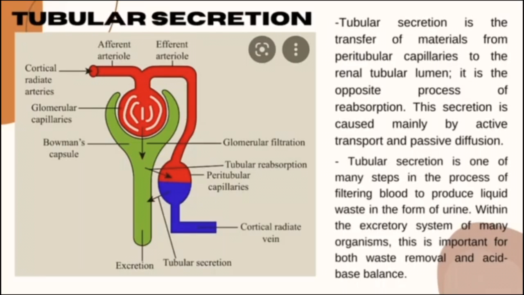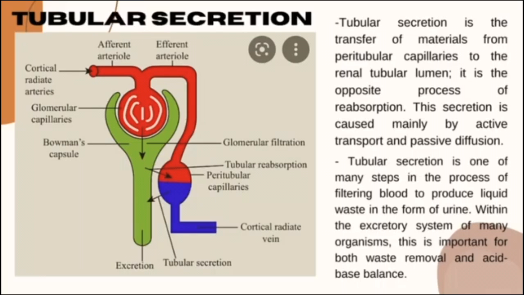It is the opposite process of reabsorption. Secretion is caused mainly by active transport and passive diffusion. The use of tubular secretion is one of many steps in the process of filtering blood to produce liquid waste in the form of urine.